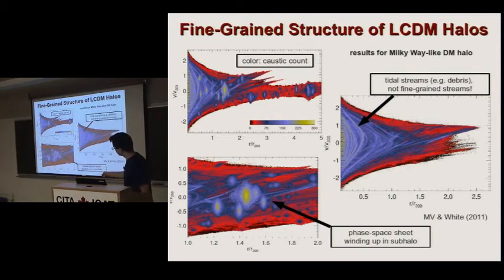You can also zoom in on the substructure and see how the details around the substructures look like. And you can remove all the substructure and then you can see the stream-like structures. These are essentially tidal streams, which is tidally disrupted material from the subhalos. So that's just to give you an impression of how this looks in a full LCDM halo, which is very different, of course, from these one-dimensional conditions.